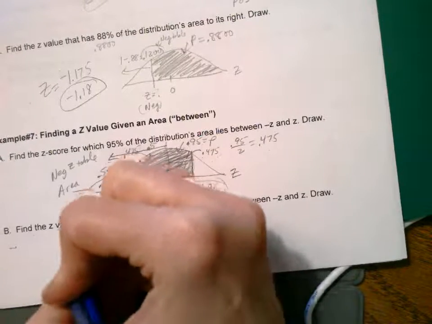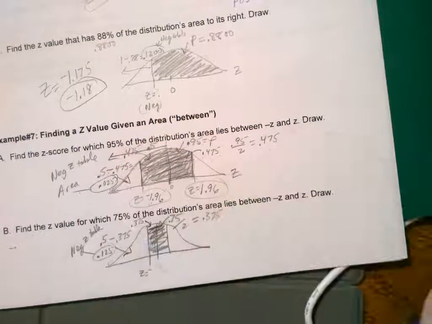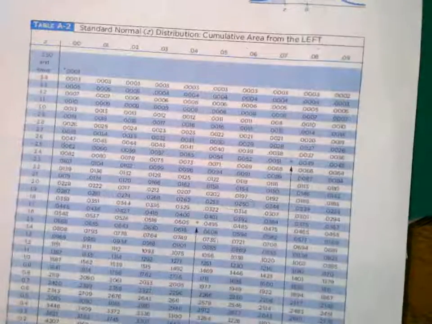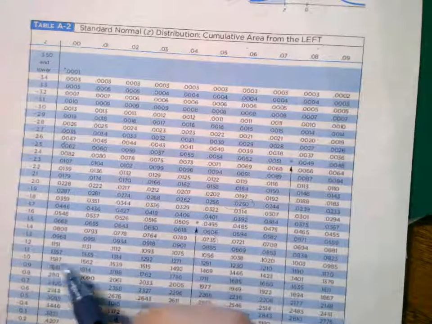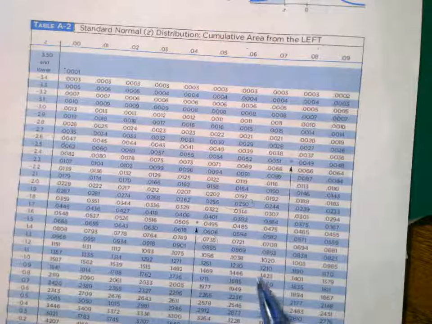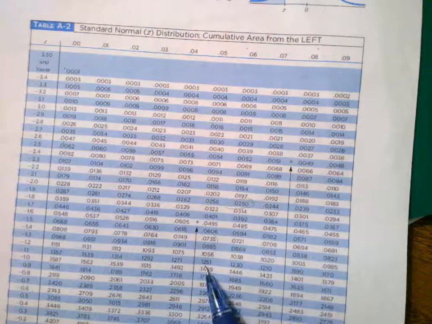So I'm looking that up in the negative z table. 0.1251 is really close to this one.